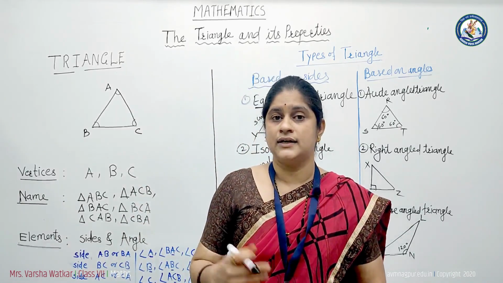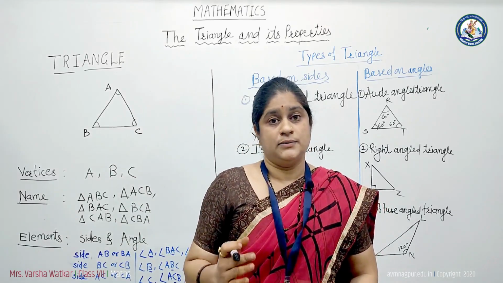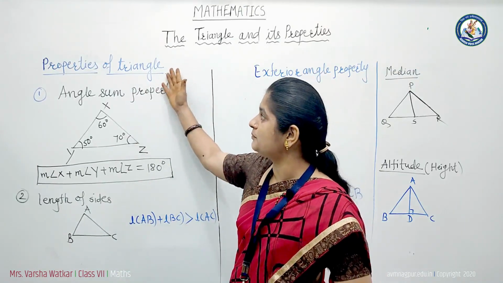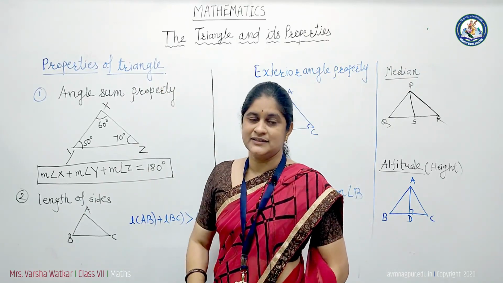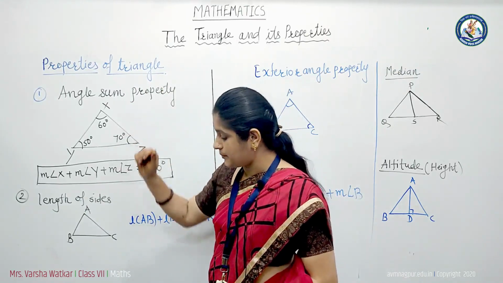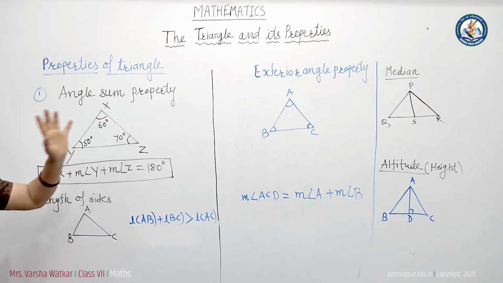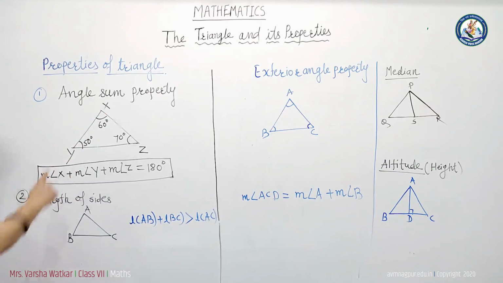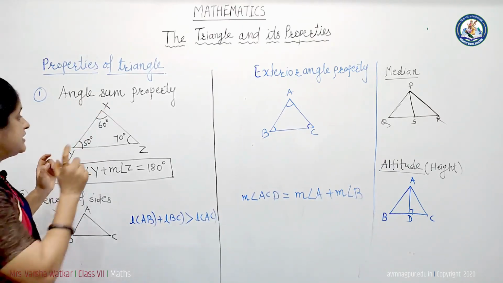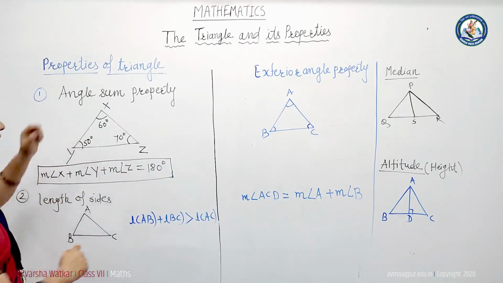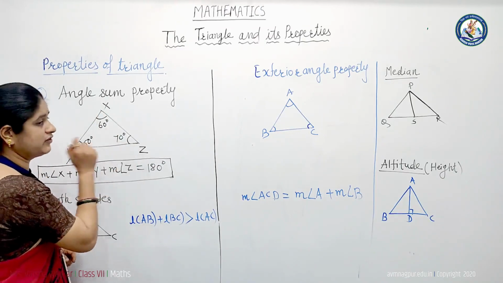Let's understand another topic, that is properties of the triangle. Now what is the first property of the triangle? The first property of the triangle is the angle sum property of the triangle. Students, see, angle sum is related to the sum of all the 3 angles of a triangle.